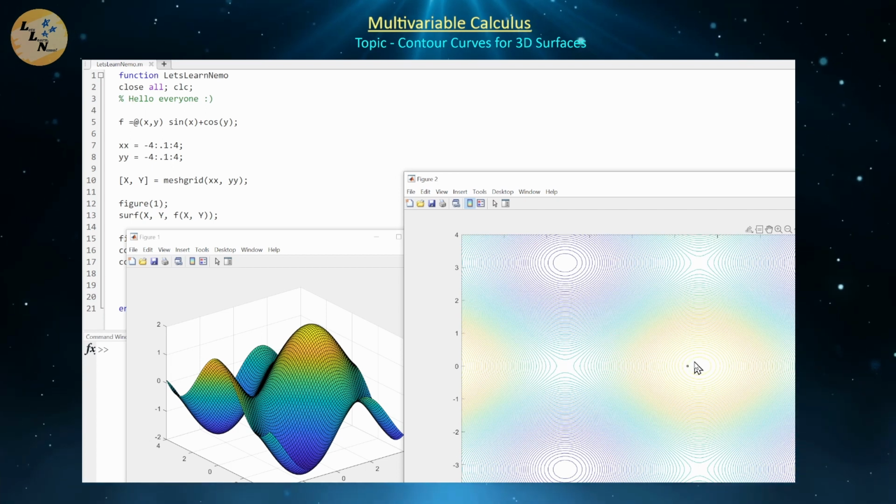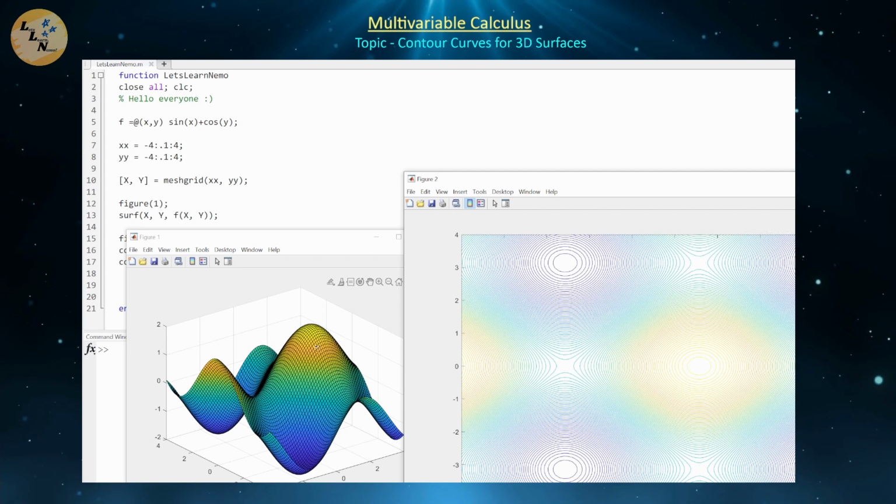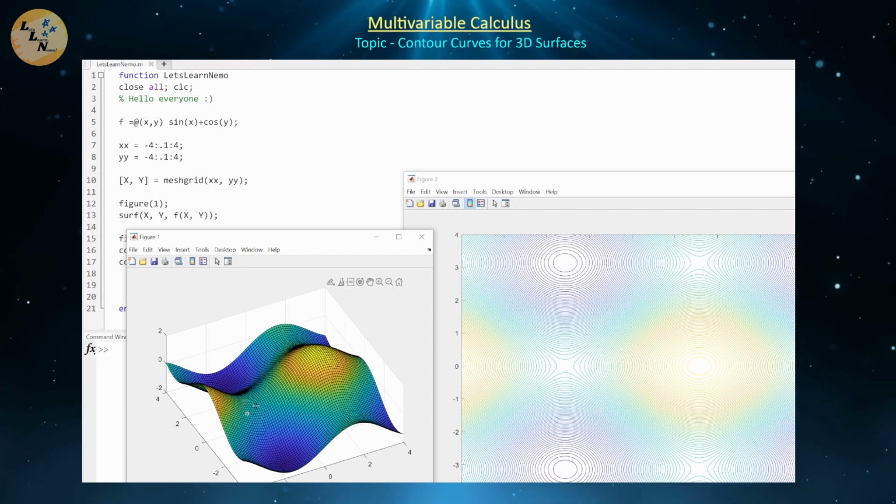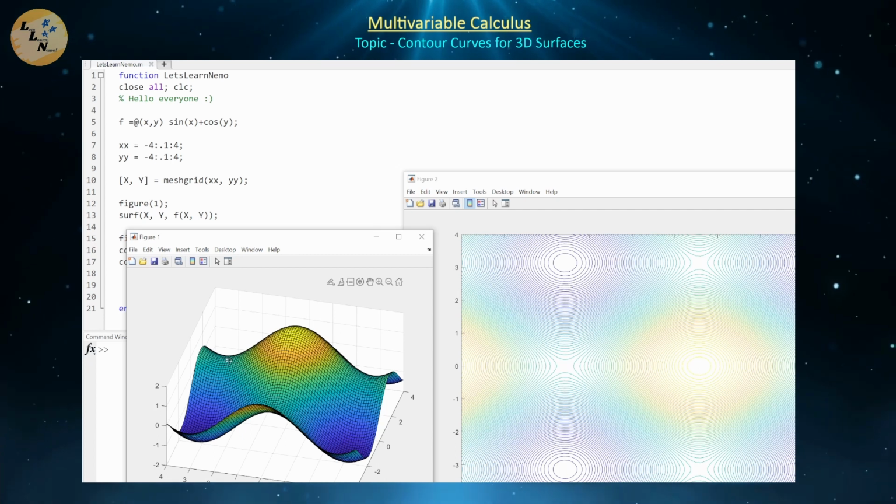So you can see that this point is going to be a maximum, and that's actually corresponding to this point right here, that big maximum value there. And these different types of shapes, these star-looking things, should look familiar because that is actually the shape of a saddle point, right? So for example, this point right here corresponds to this saddle point located right there. That saddle point right there is located at that point right there.